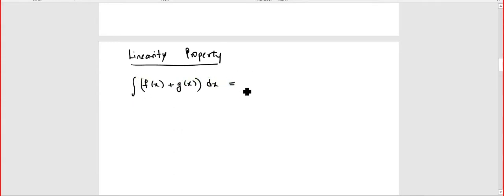Then it is the same as finding the integration of the first function separately, the integration of the second function separately, and adding the result. Okay. Similarly, if in place of addition we have subtraction, rules remain the same. Just instead of adding the terms, we will subtract the two terms.